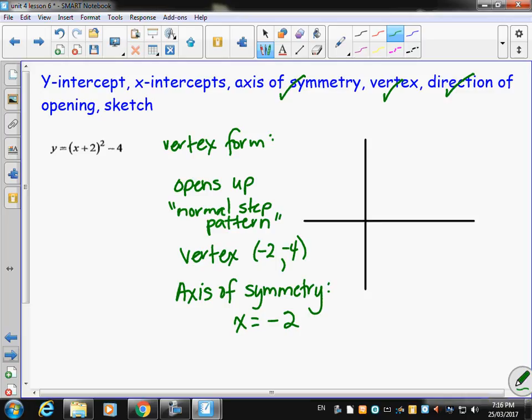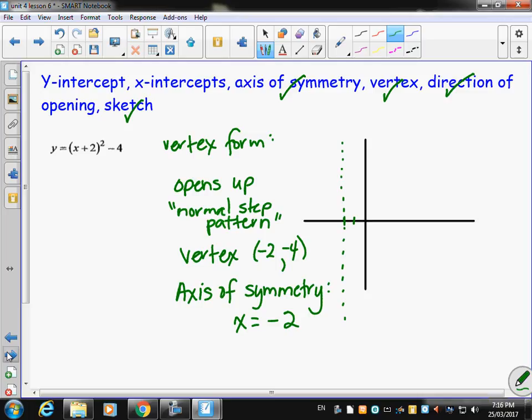I could sketch this thing. I'm kind of jumping all over the place, aren't I? I could sketch this thing because I know where my vertex is and I know my step pattern. I could draw this fairly easily. So my axis of symmetry is at x equals negative 2. That's like my fold line.